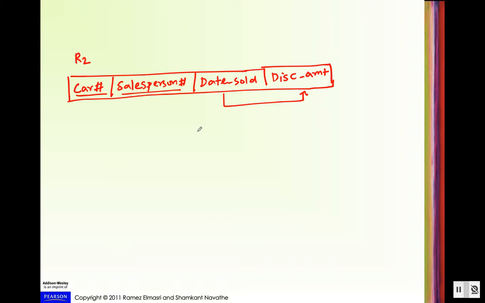I have to take this non-key attribute, which is determined by another non-key attribute, and keep them in a separate relation.